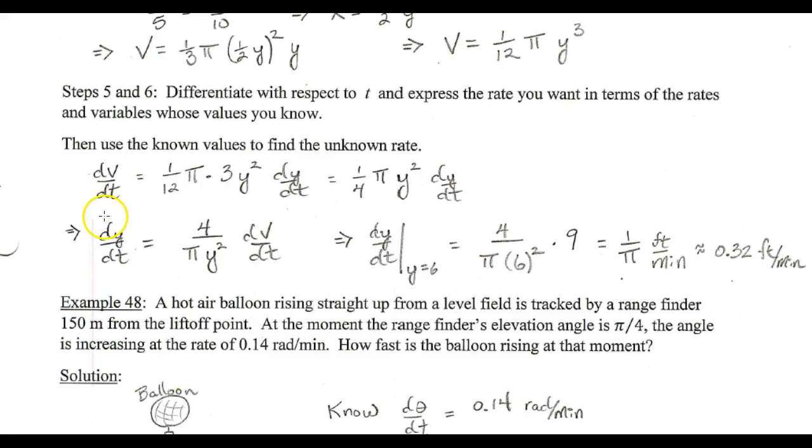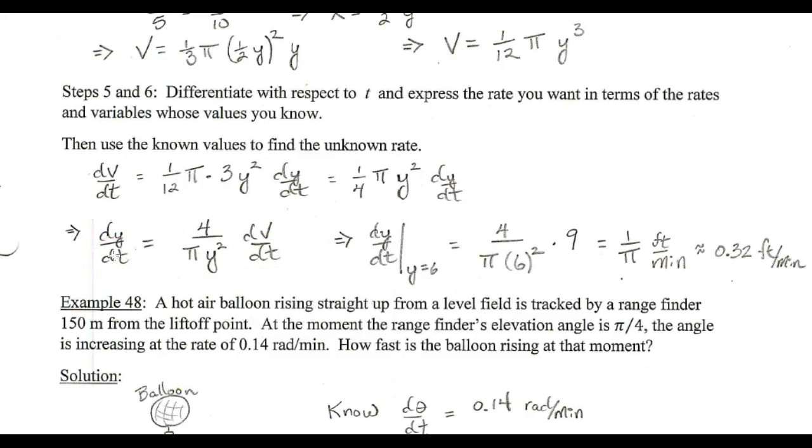Solving that algebraic equation, right? dV/dt equals 1/4 pi y squared dy/dt. Solving that for dy/dt, multiply both sides by 4, divide both sides by pi y squared. I get dy/dt equals 4/(pi y squared) times dV/dt. So that's the relationship between the known rate of change and the unknown rate of change.